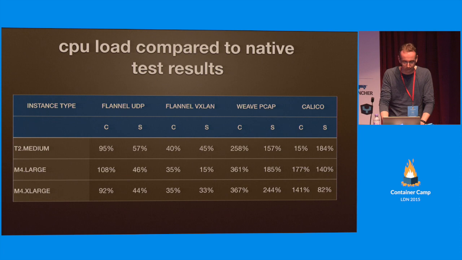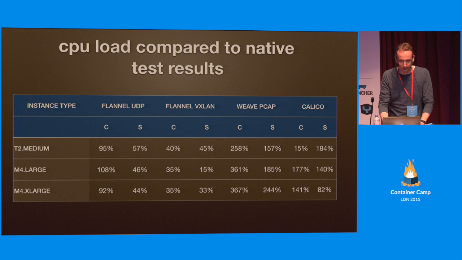A bit less on the server side, but Flannel using the VXLAN approach gets a lot better results, and that's probably just due to the fact that the kernel can take care of the VXLAN approach a lot more efficiently than the user space approach.